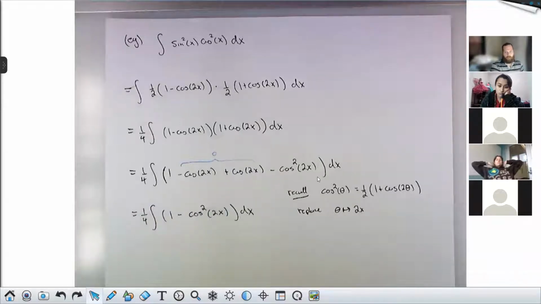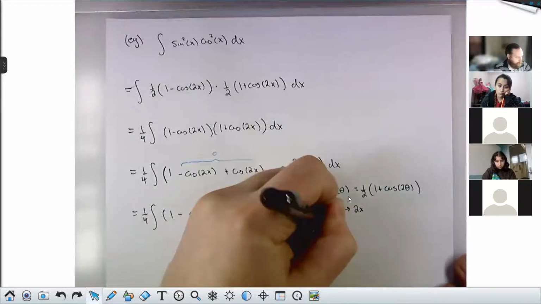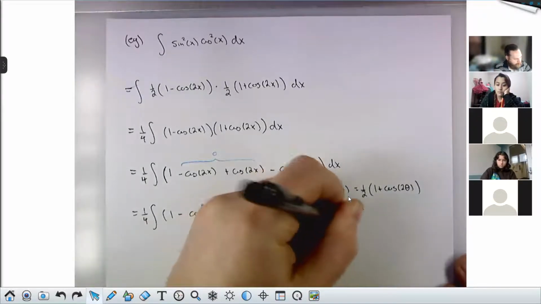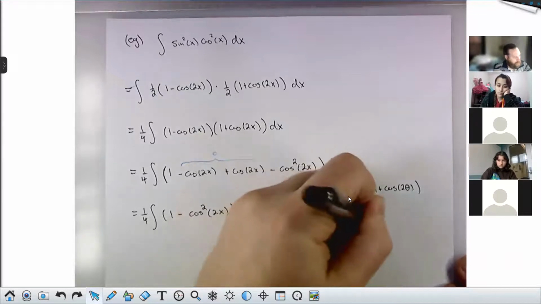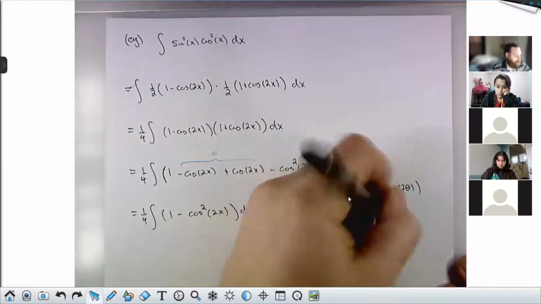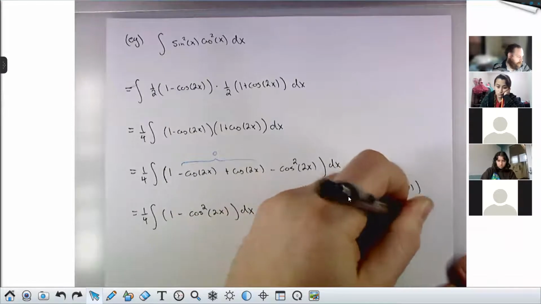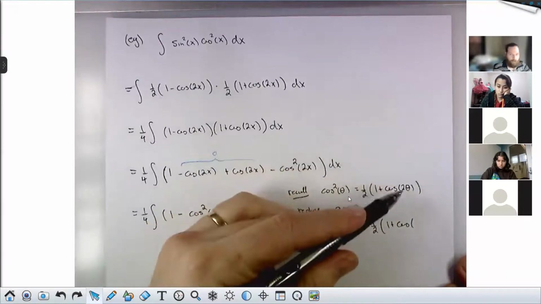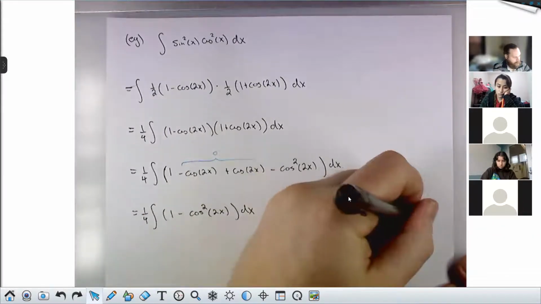If in this identity I plug in 2x for theta, then the left-hand side will become cos squared of 2x, which is good because that's what I need, the right-hand side will become 1/2 times 1 plus cosine of 2 times 2x, which is 4x.